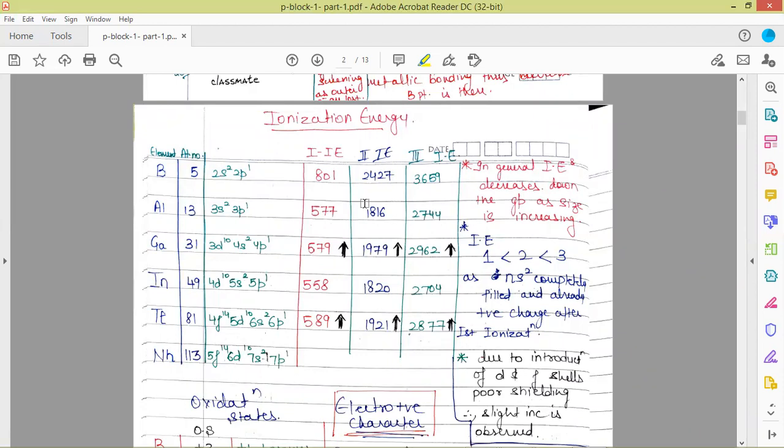This is a general rule, applicable to all the elements of the periodic table: successive ionization energies are always greater in comparison to the previous ones. For the first ionization energy, this p electron is being lost. For the second ionization energy, there is already a positive charge on the cation.